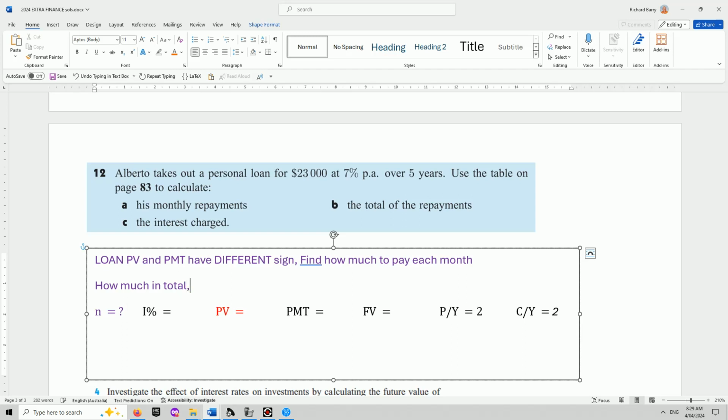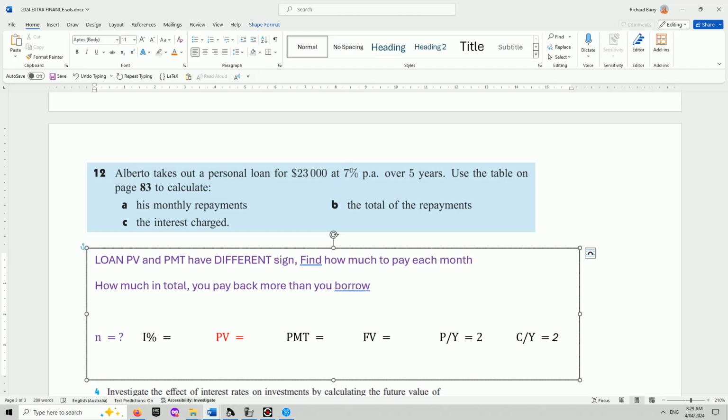We all understand you pay back more than you borrow. The extra money is the interest charged. So I have those things in my brain.